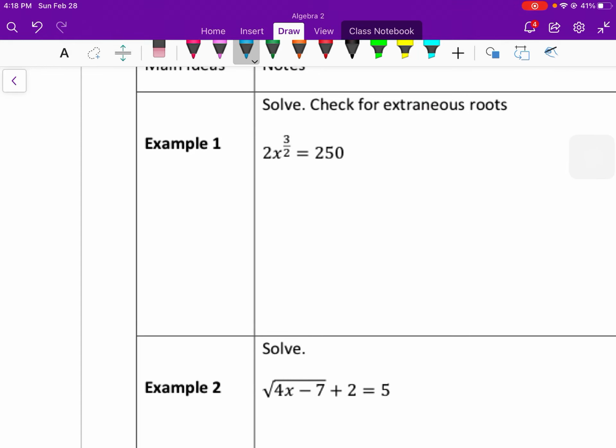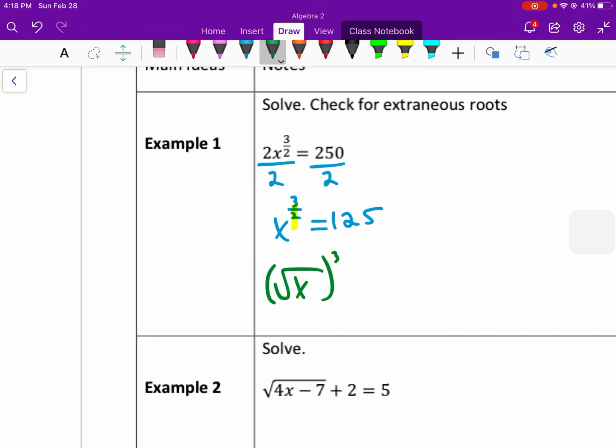So example 1, we're going to divide both sides by 2. That's my first step. Then we have x to the 3/2 power equals 125. I'm going to rewrite this as my root. So my index is 2. So then it's the square root of x cubed equals 125.